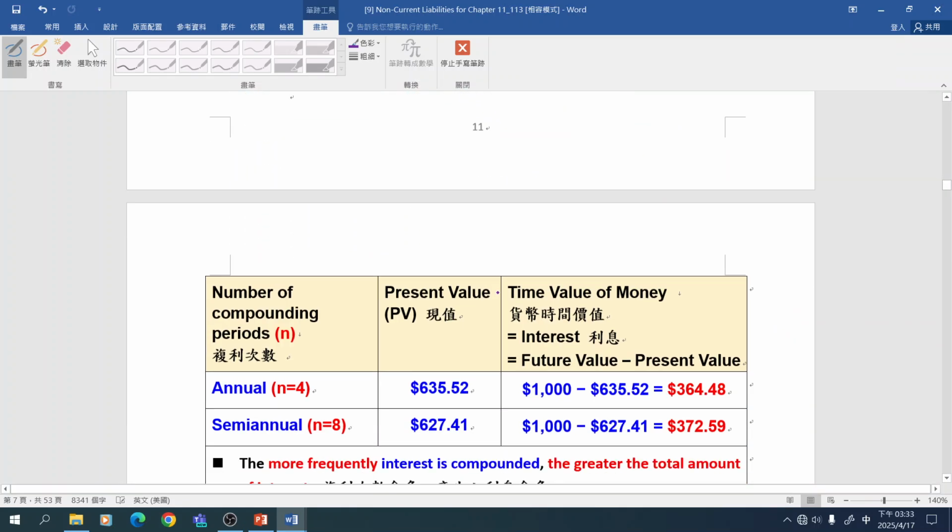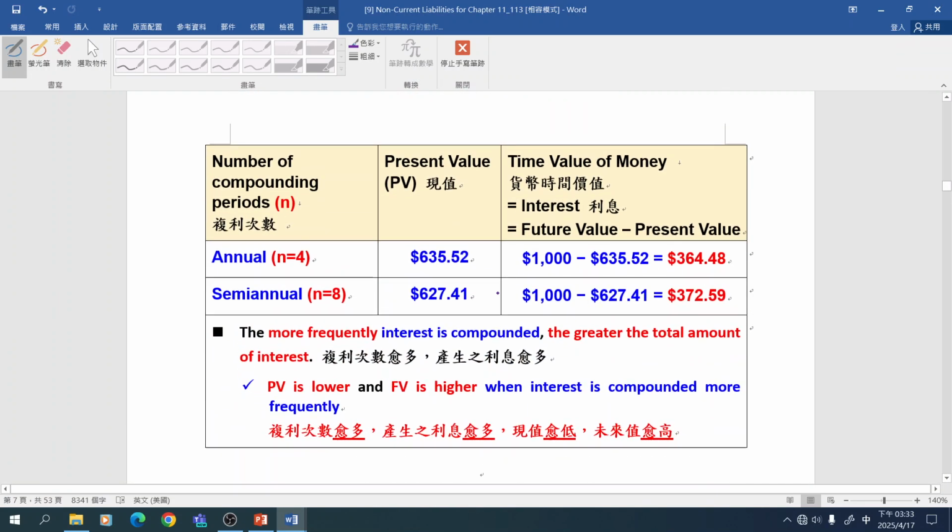So based on this, did you find out? On your page 12, when you have a more n means what? Your interest incurred more times. You will get more interest. Okay?